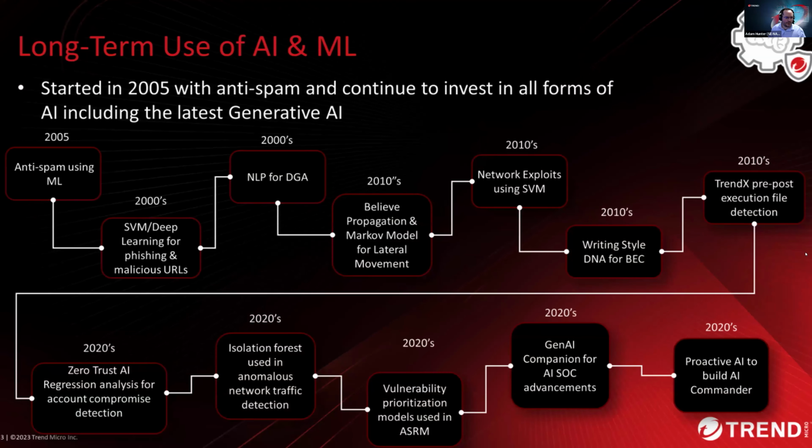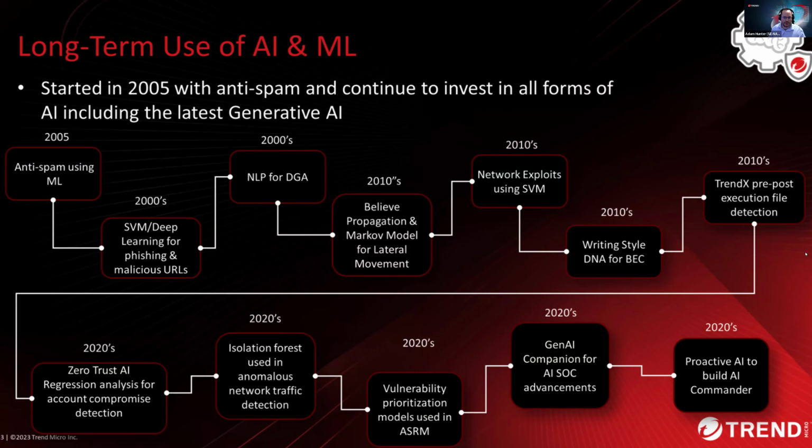All right, before we even get started, I think it also helps to start at a high level of understanding some of the history with Trend Micro. So Trend Micro is really not new to AI. Trend Micro has been working with AI for the past couple decades now, going back to anti-spam in the early 2000s, with a number of other use cases throughout the 2010s and so on.